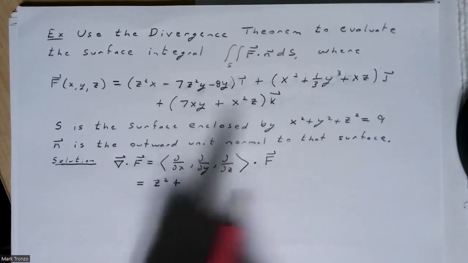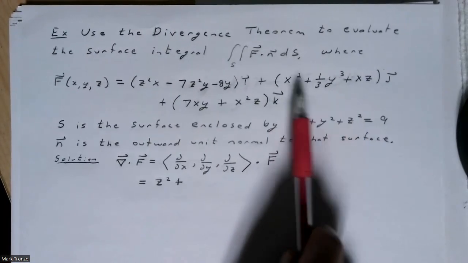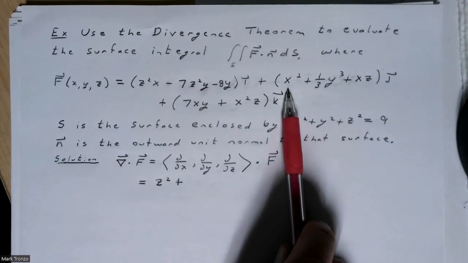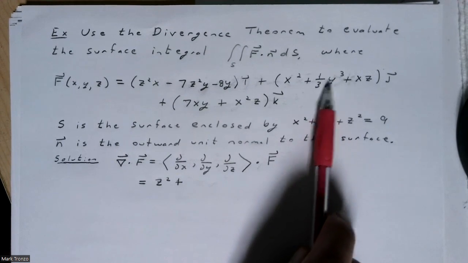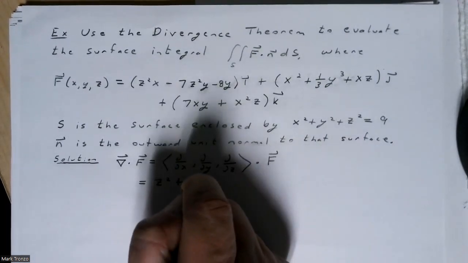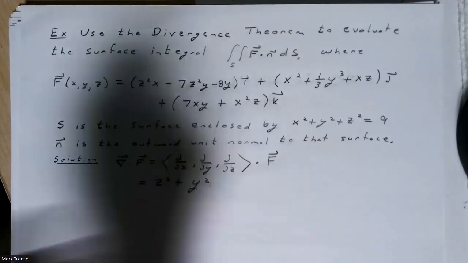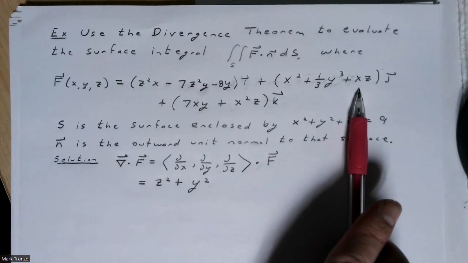Then next, we're going to take the partial with respect to y of this term. That's going to be 0. And then this is going to be what? That's going to be the 3 comes forward. Those will cancel. That'll be y squared. And that'll be 0.